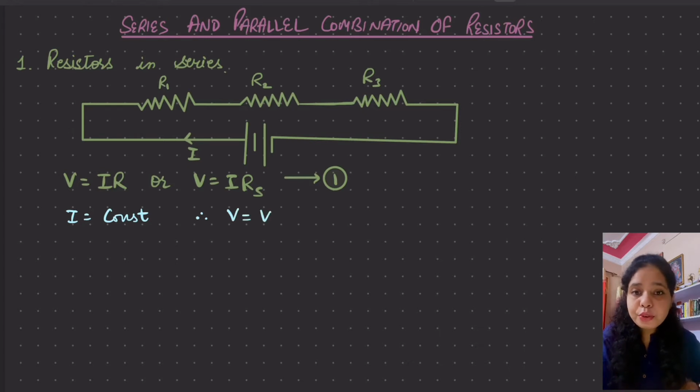we have these resistors connected in series, and if the current is the same, then definitely the voltages, that is the potential differences developed across these three different resistors, are going to be different.